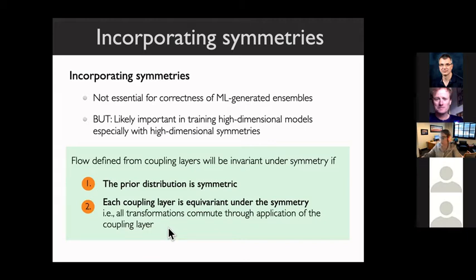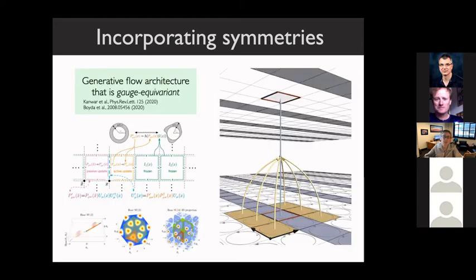And I won't go into gory details in this overview talk, other than to say that there's been a lot of work to make things like this happen. And you can see some nice pictures which show illustrations of the types of really physics-specific machine learning architectures that have been developed to incorporate these sorts of features.